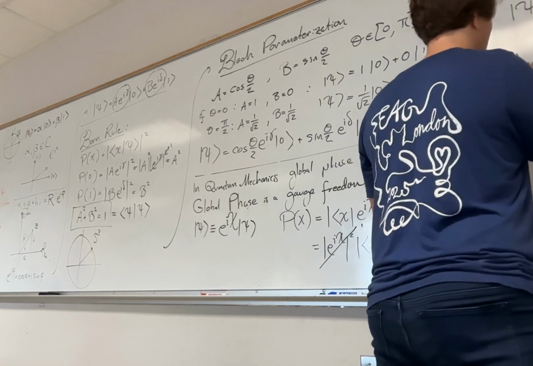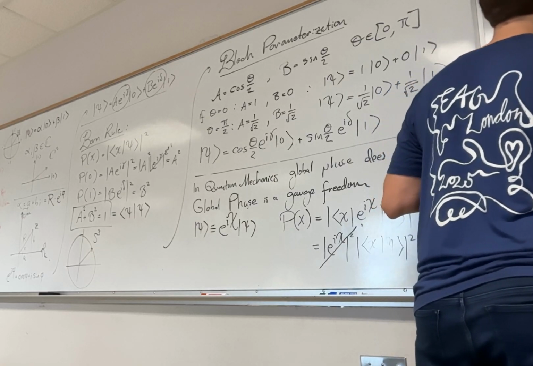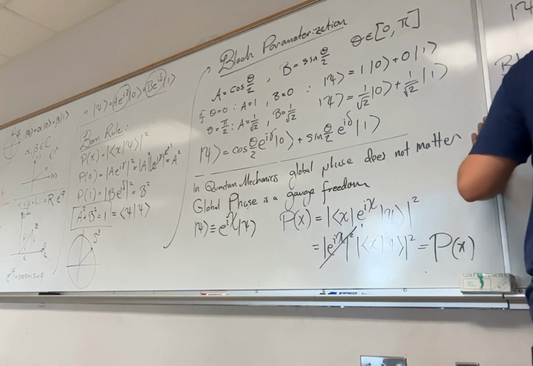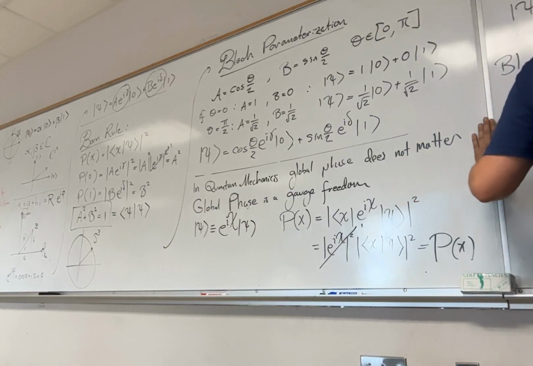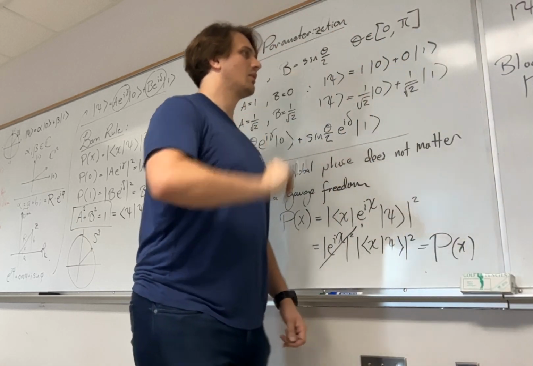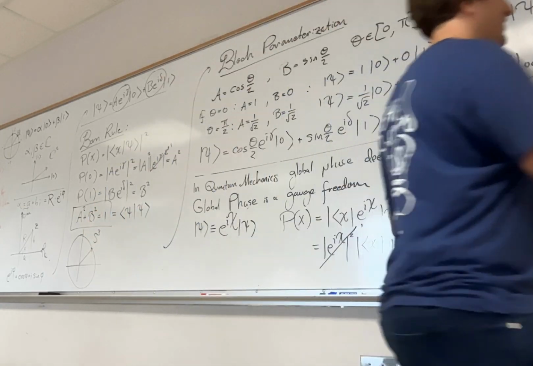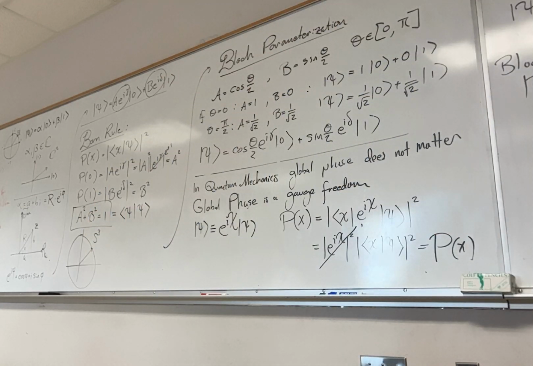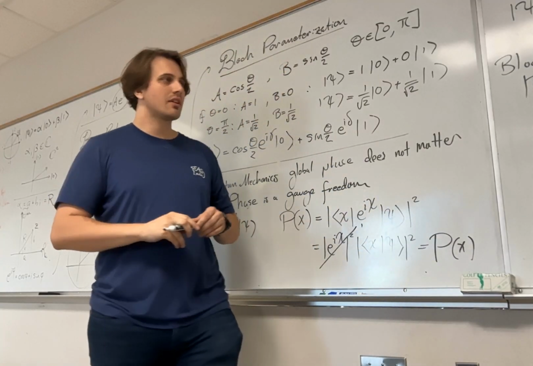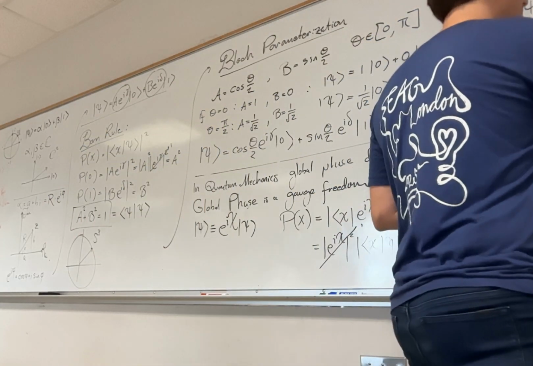I'll write it one more time. Sorry, it's a mouthful to write in some sense. Okay, so does that make sense? So let's look now at what this actually is.